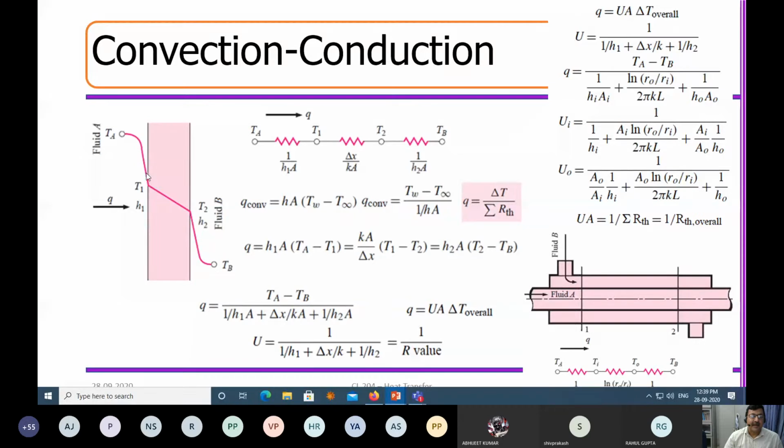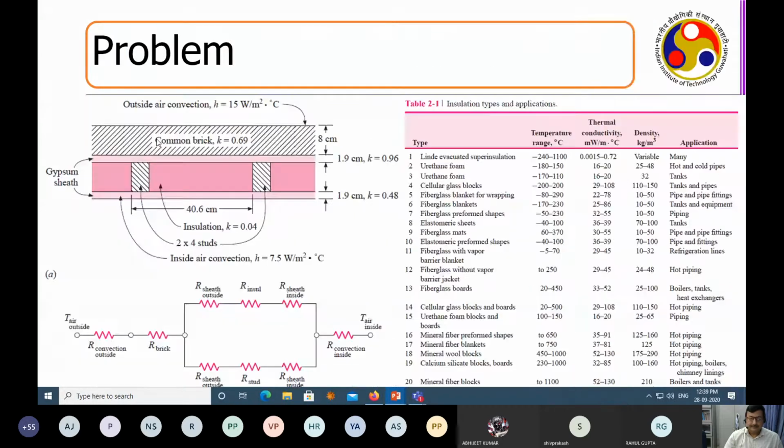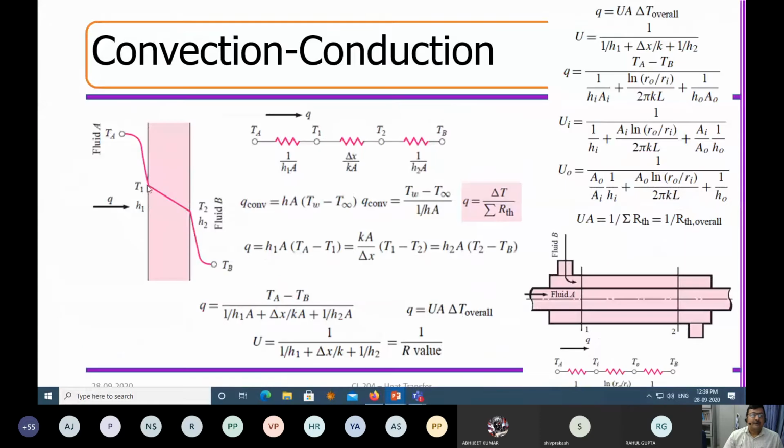There is a boundary layer, and the fluid is slowly cooling down. So this is the boundary layer, the delta thickness where the convection heat transfer is taking place. Then what is happening from T1 to T2? There is conduction heat transfer through this wall. And then from T2 to TB, there is another convection heat transfer through this fluid.